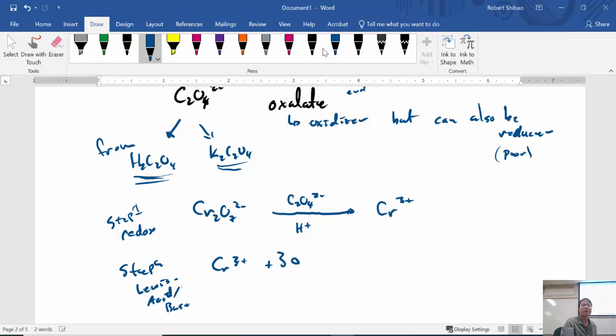We need 3 oxalate ligands, and then we're going to form this. Charge on this is what? 3 plus 3 minus 6 is 3 plus. Or 3 minus, sorry. 3 minus.